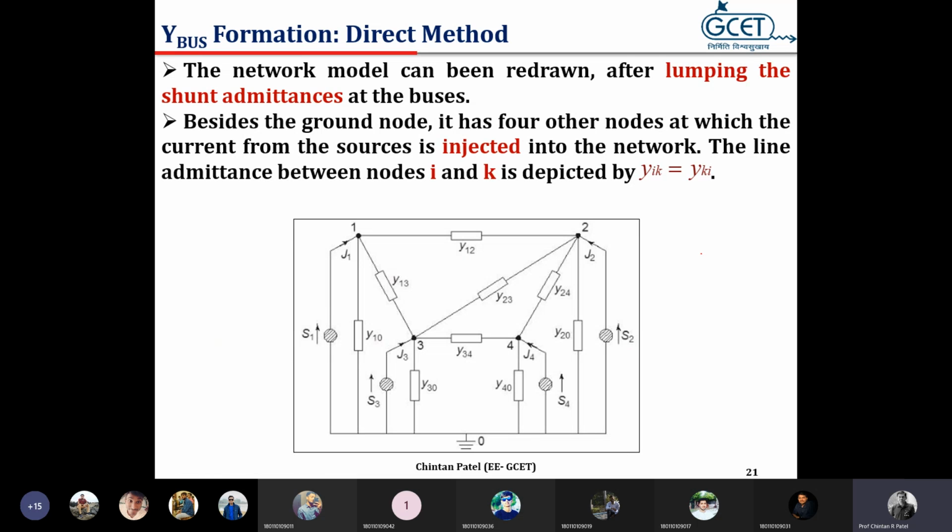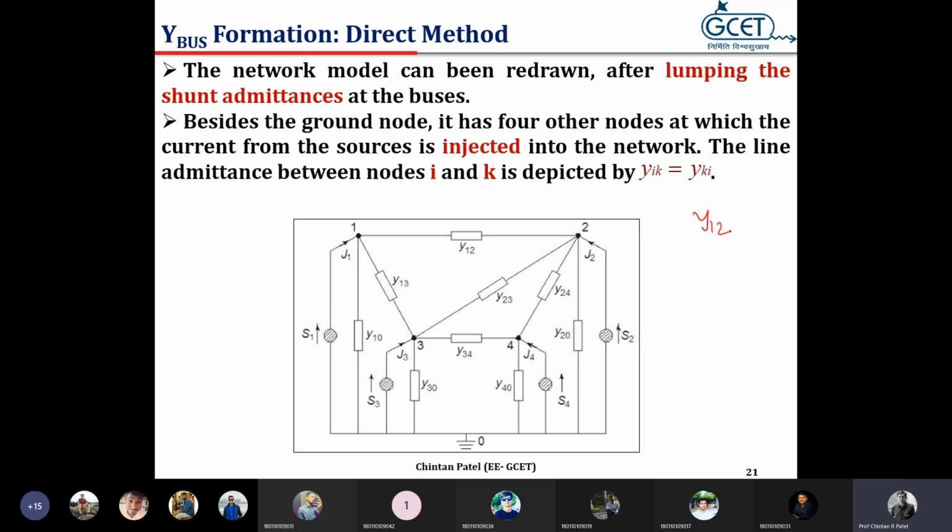Try to observe the network. So here there are two types of admittances connected. The first type of admittance is the admittance of the transmission line between two buses. Okay, which are the admittances between two buses?